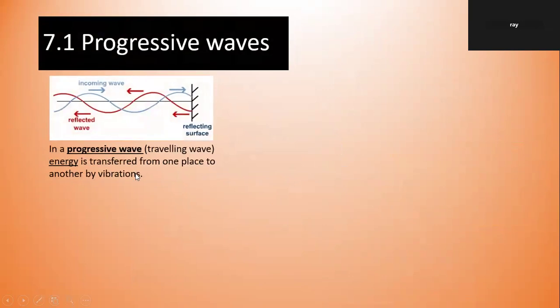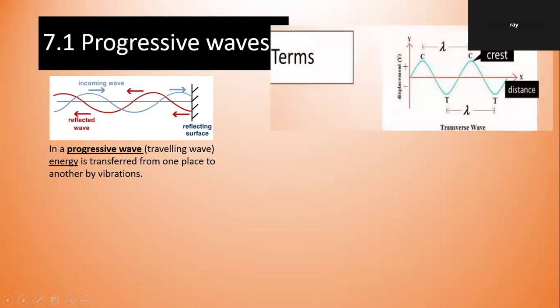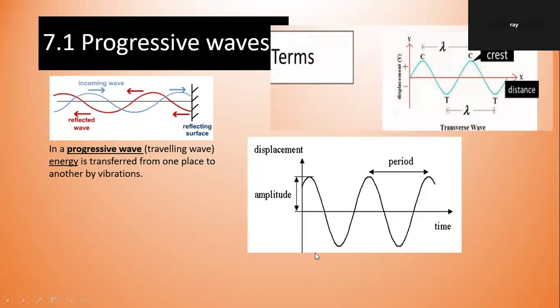Progressive wave, as we say, review and summarize yourself. In a progressive wave or traveling wave, energy is transferred from one place to another by vibration. The blue one is the wave going and reflected, the red one is the reflected wave, so its energy is transferred. Then you need to know how to read the wavelength, what's the crest, what's the trough, how to read the period, what's the amplitude, and how period is related to frequency.